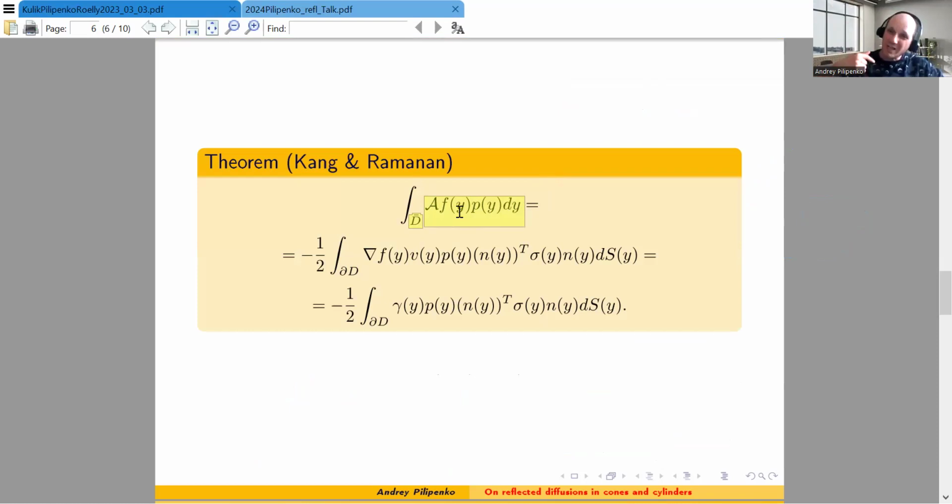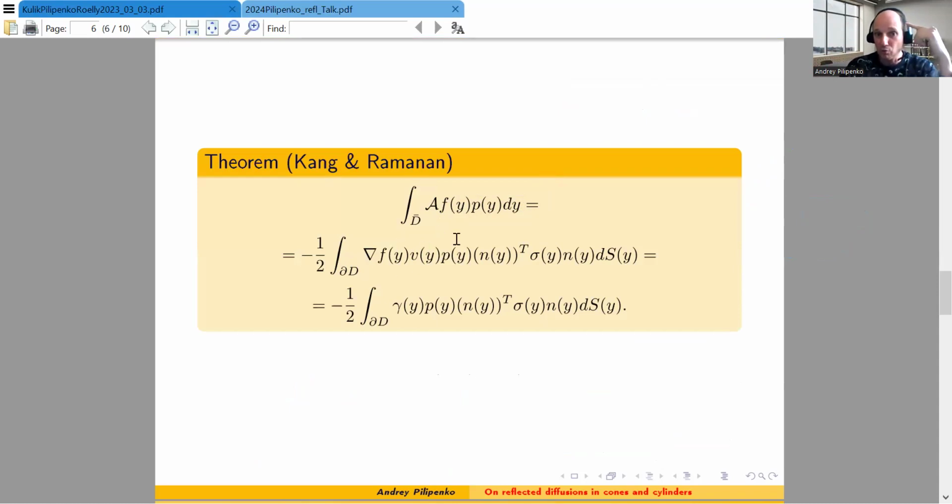And then we have to use integration by parts. And there was a formula obtained by Kang and Ramanan.